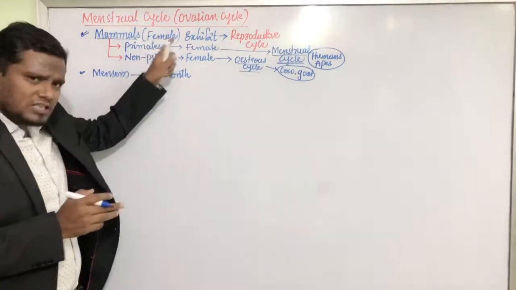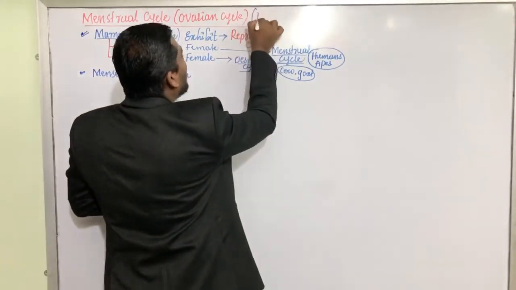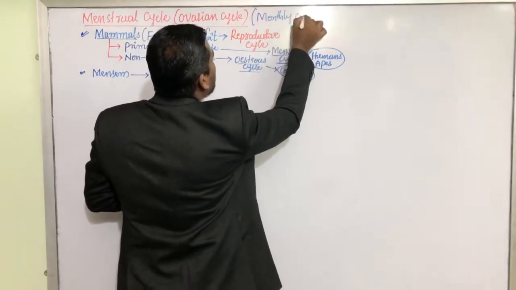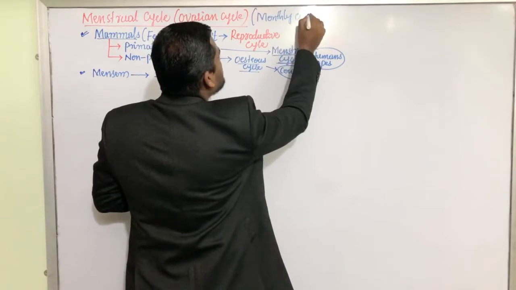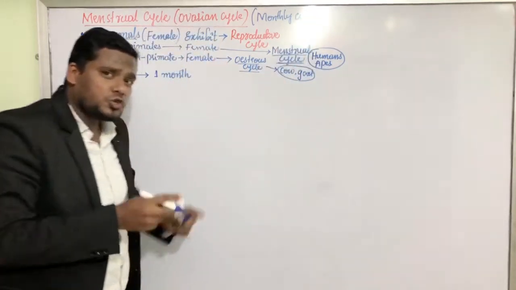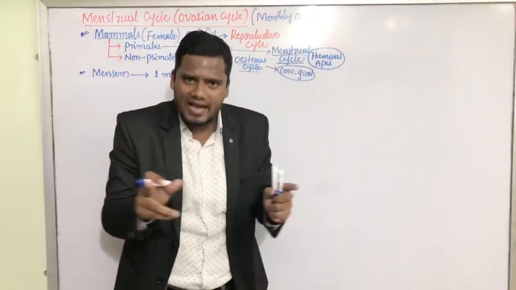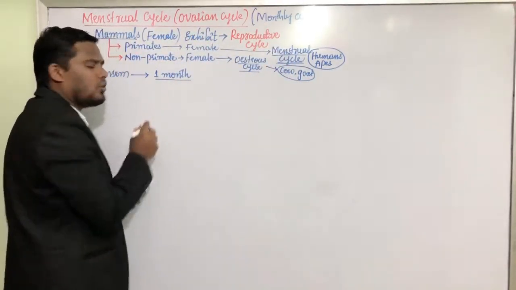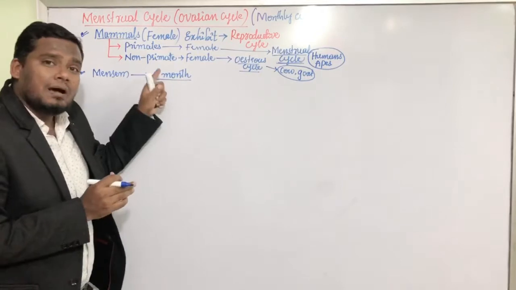Hence, the menstrual cycle is also called the monthly cycle. Why is it called the monthly cycle? Because to complete this entire cycle, approximately one month is required. That is why it is called the monthly cycle.